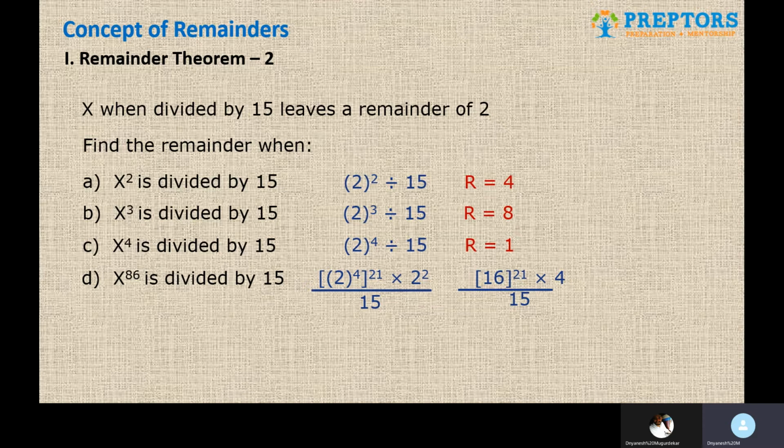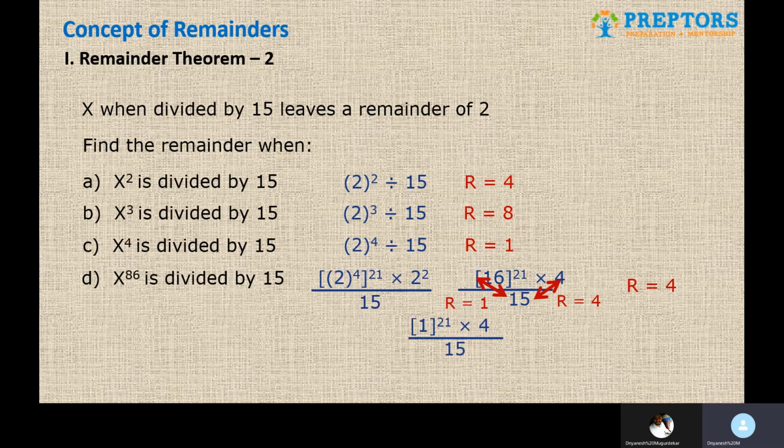And if you remember the idea again, replace the number by remainder. We'll replace 16 by 1. And then my question becomes 1 raised to 21 divided by 15. 1 raised to anything becomes 1. 1 divided by 15 gives me a remainder of plus 1 on the left side. On the right side, I have 4. 4 when divided by 15 gives me a remainder of 4 itself. In between, we have multiplication, 1 into 4. We get the answer as 4 as the final remainder.